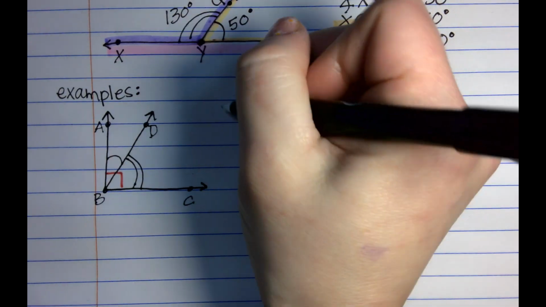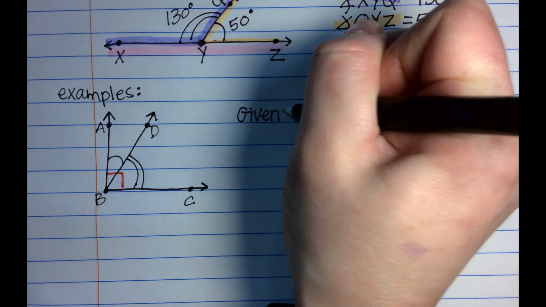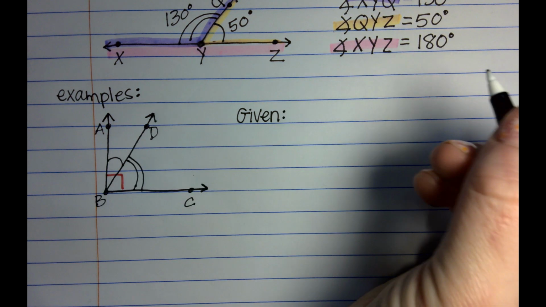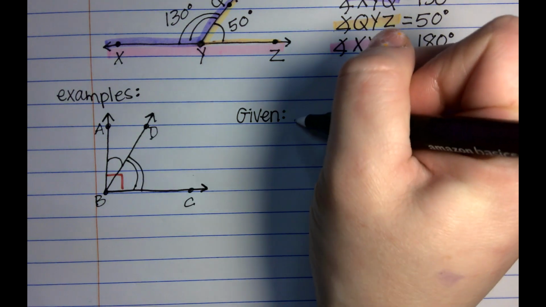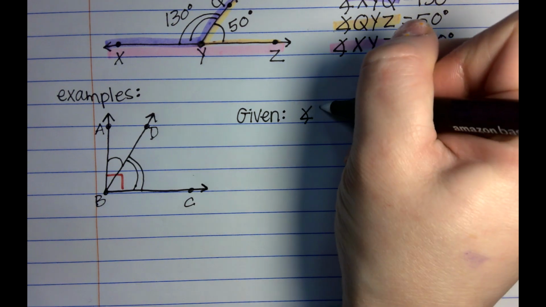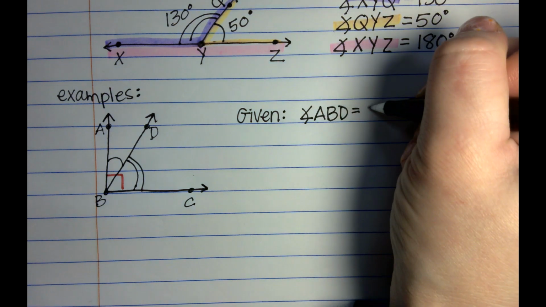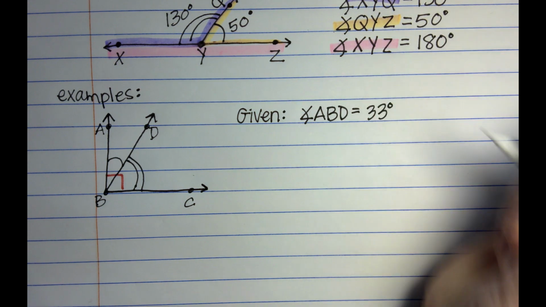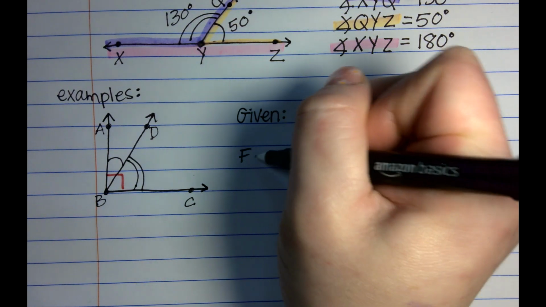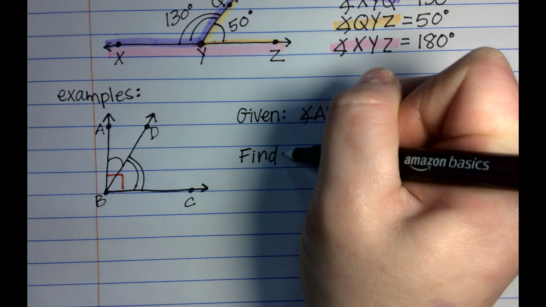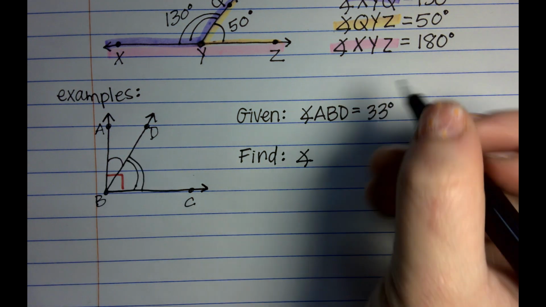So here's your given. Given means I'm telling you that this is what it is. So given that angle ABD is 33 degrees, I want you to find the measure of angle DBC.